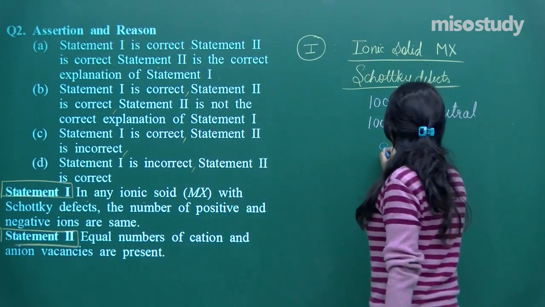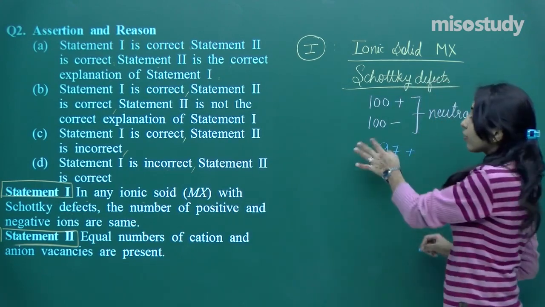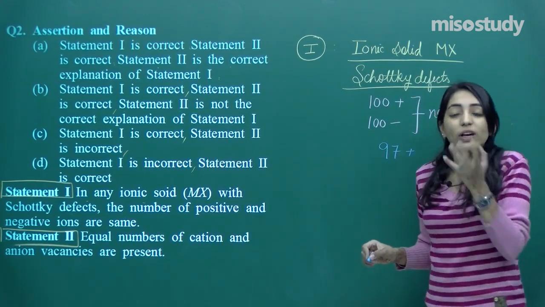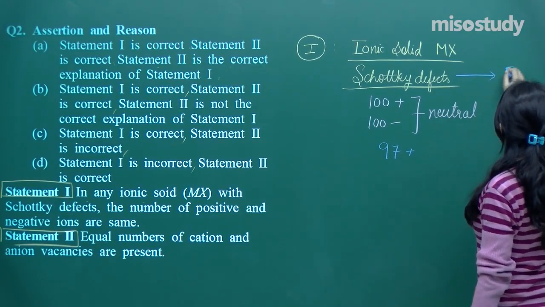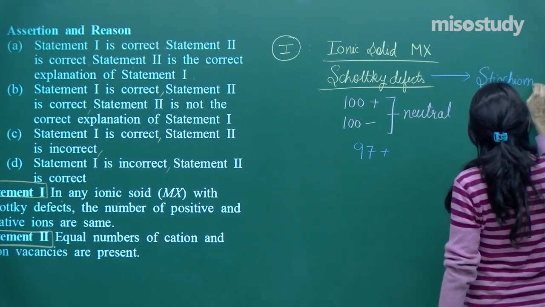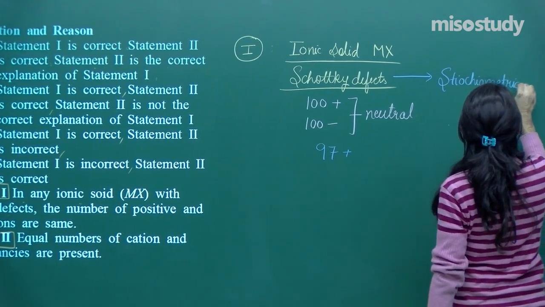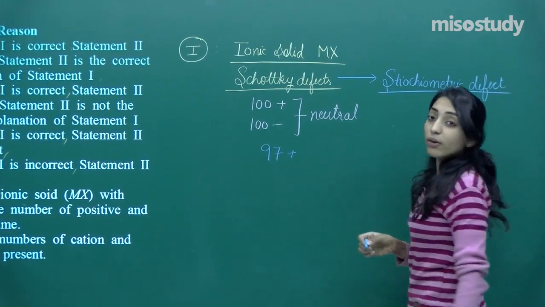So we will be left with 97 positive, but there will be 100 minus. So there will be a change in the formula, but we know that Schottky defect is a type of stoichiometric defect. Stoichiometric defect means there won't be any change in the stoichiometry of the compound.